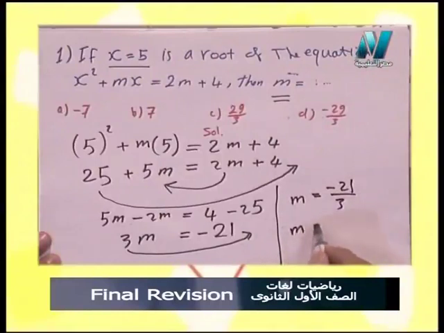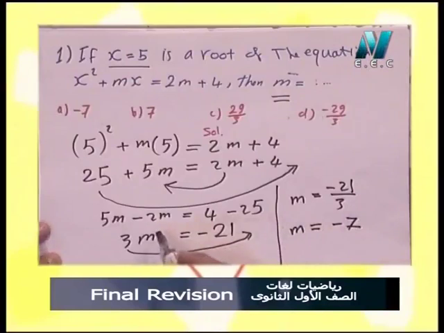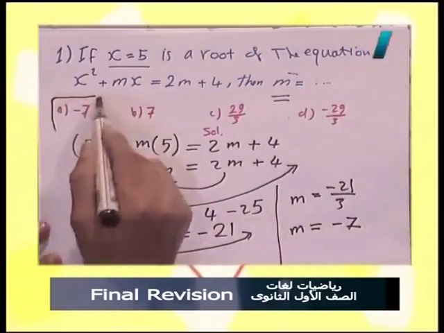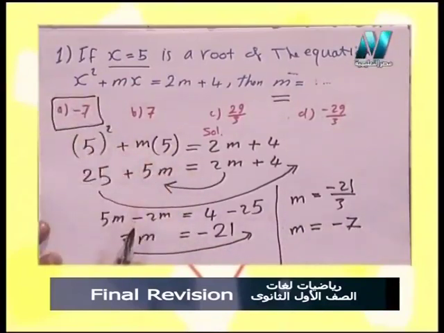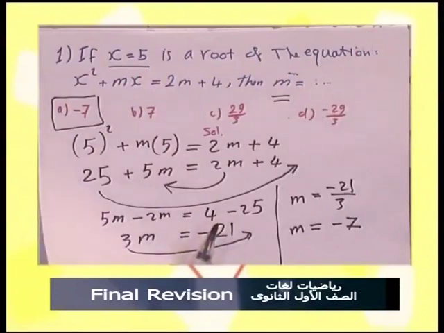Then m absolutely equals negative 7. So we will choose negative 7 as the result of this question. It's an easy question and it will be easy for you to solve it. Okay, let's go to another question.